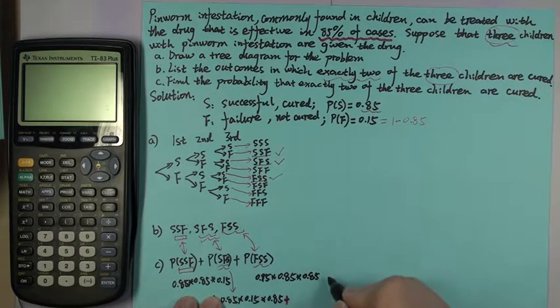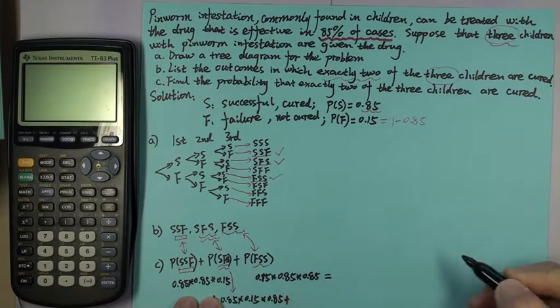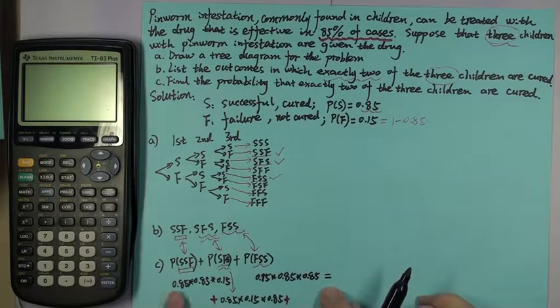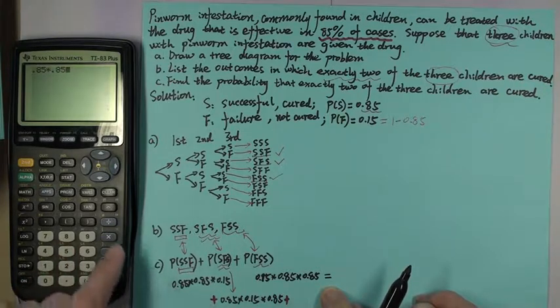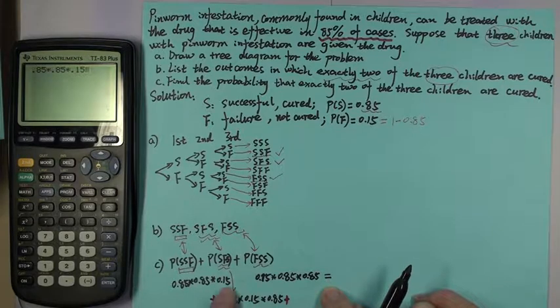Now, what do you get? You see here there are two 0.85. So you may do 0.85 times 0.85 times 0.15. That's this one. This one is the same, there are two 0.85, so is this case.